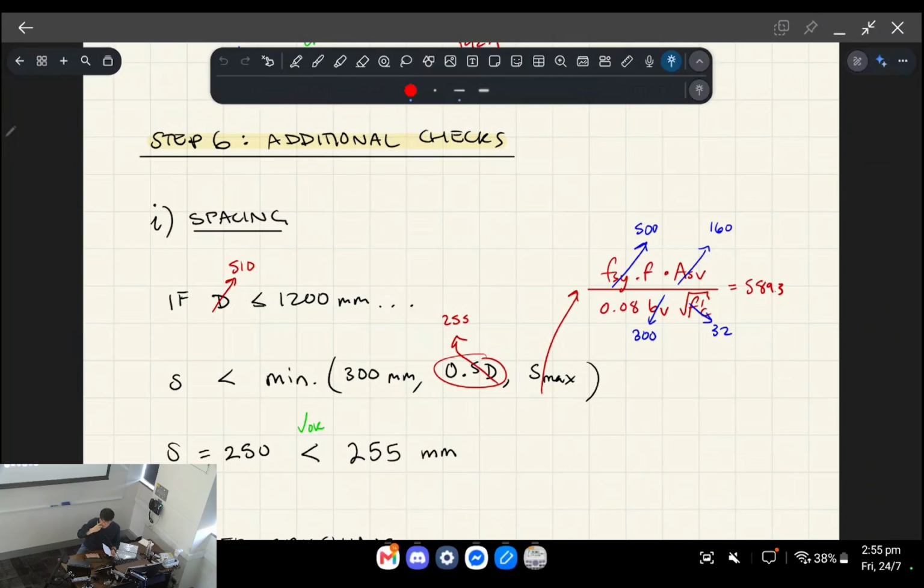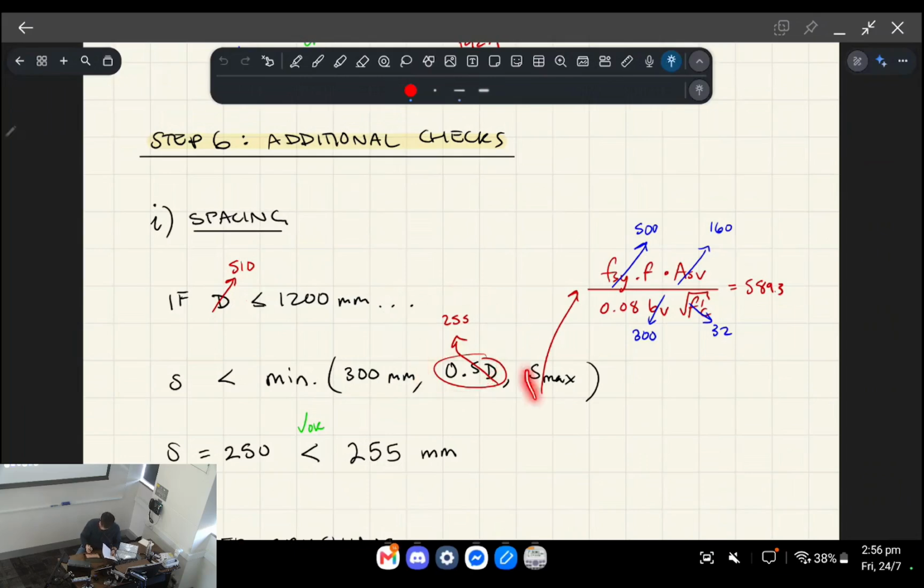Remember, before, our inequality told us that our max spacing was 313, but right off the bat, that's going to be invalid because AS3600 requires the max spacing between stirrups to be 300 mil. So that's the first check. The second check is it has to be less than half the beam's depth. The beam was 510 deep, and so half the beam's depth is 255. So luckily we chose a spacing of 250, and that's less than 255, so that's all good.